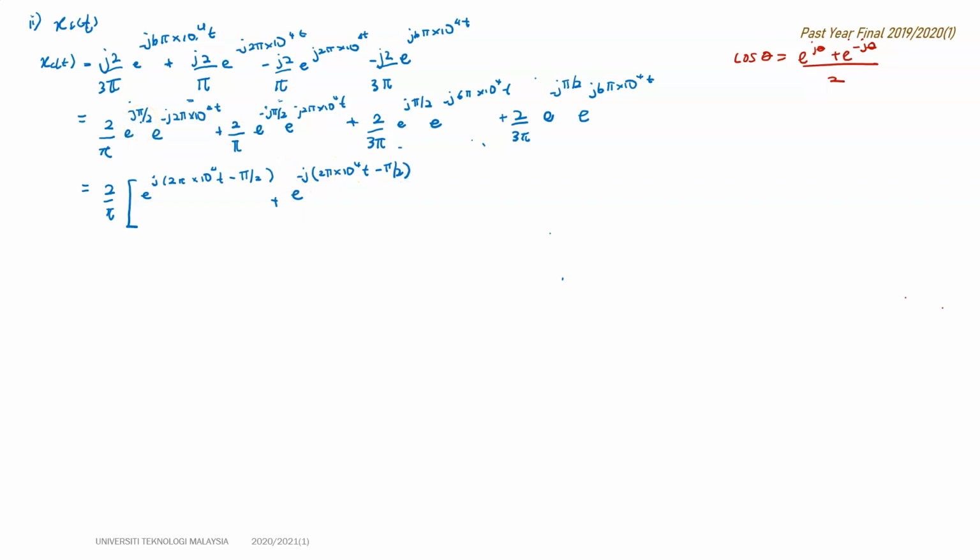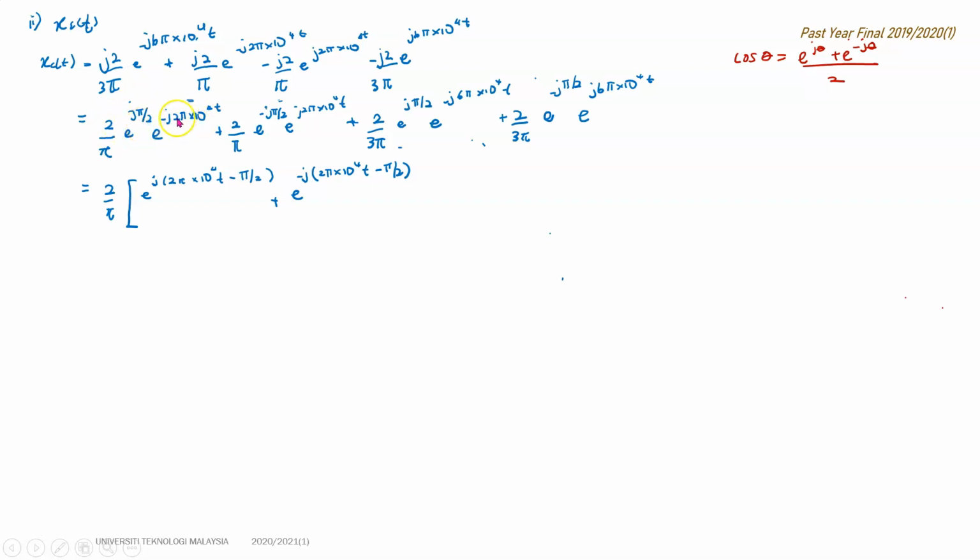So what you have to remember, one more thing is, whatever j with t here, this is omega, and this part with no t is the phase. Okay, is the phase shifting. Because I've seen that some of the students got confused because they put this one as the phase and this one as omega.